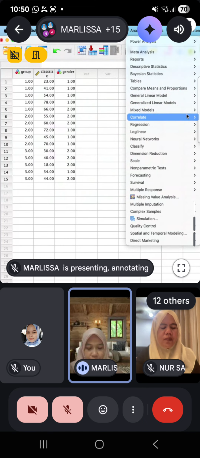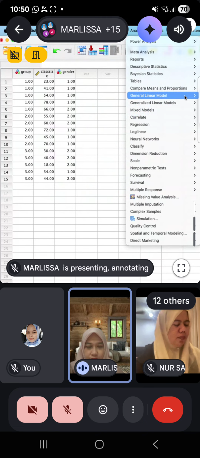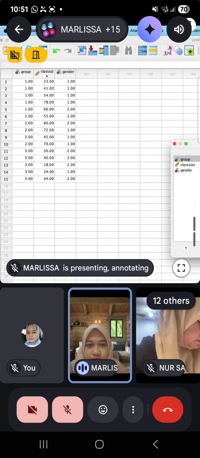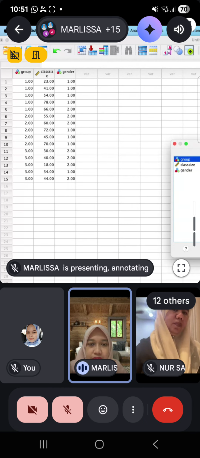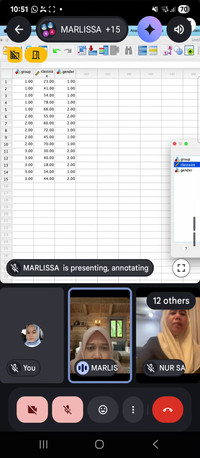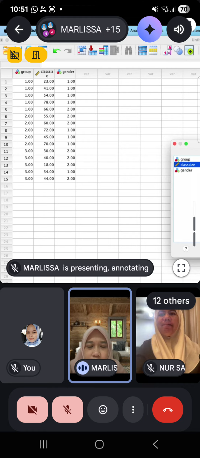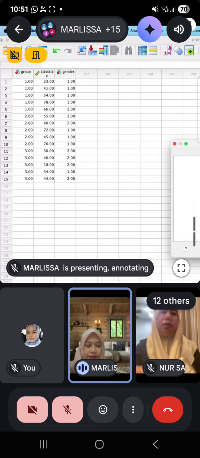We have to pick General Linear Model and click Univariate. Choose the dependent variable, this is the dependent variable, and put the group and gender under the fixed factors.